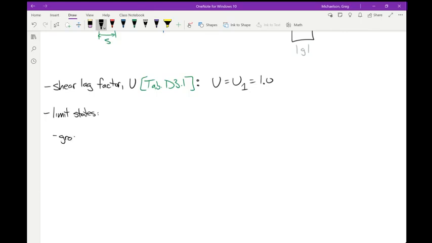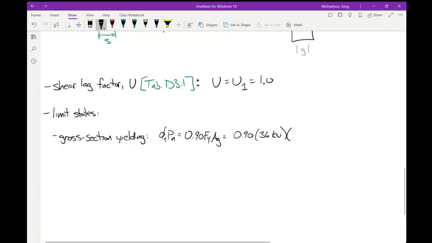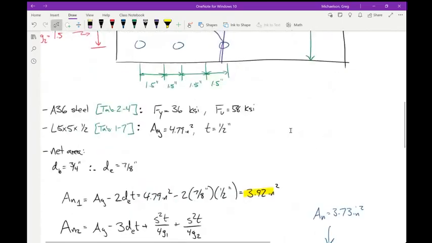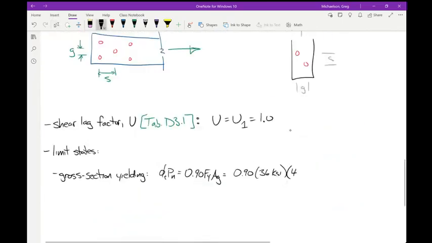So gross section yielding says that Pn is 0.9 Fy Ag. And then Ag, what was Ag again? I think it was 4.79.